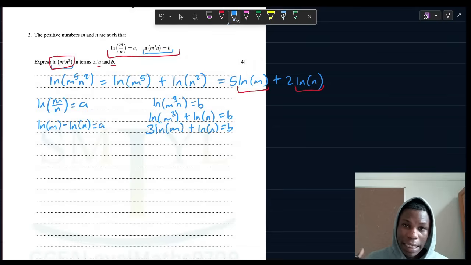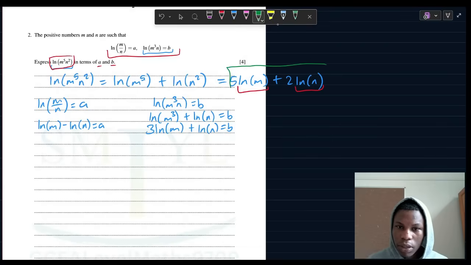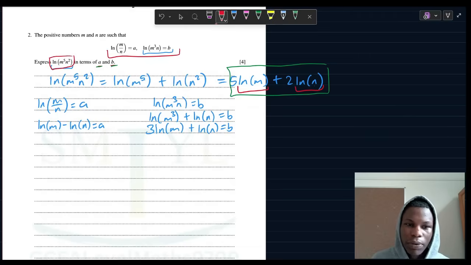And here we're going to create a substitution. Remember, our end goal is to get ln m and ln n in terms of a and b. That's the whole idea behind the solution. But here it's a bit messy, so let's clear it up so that we can clearly see that this is a simultaneous equation in terms of ln m and ln n.